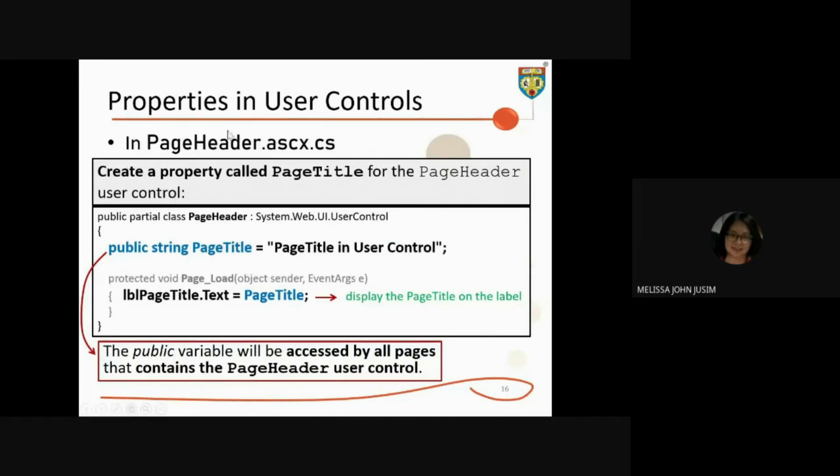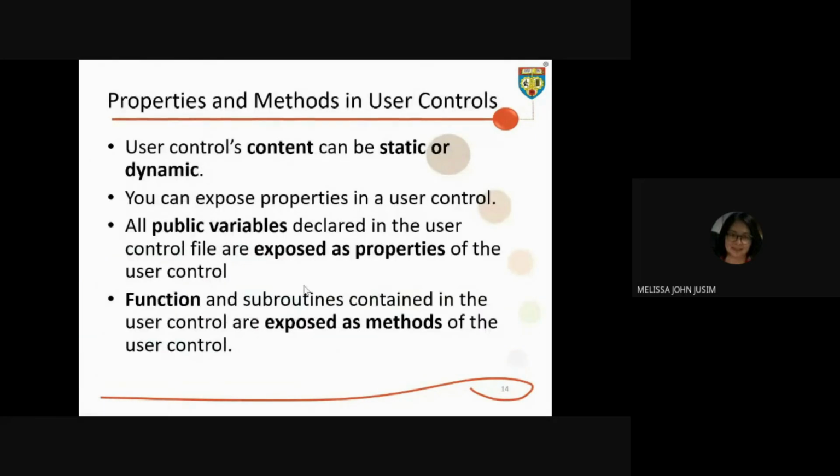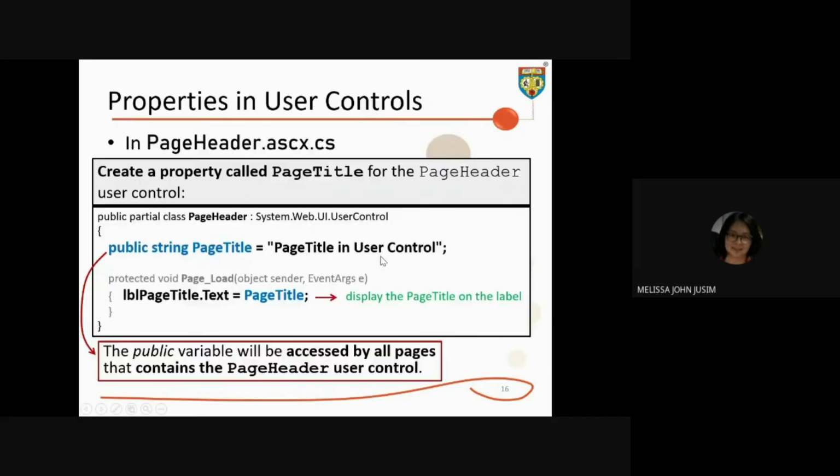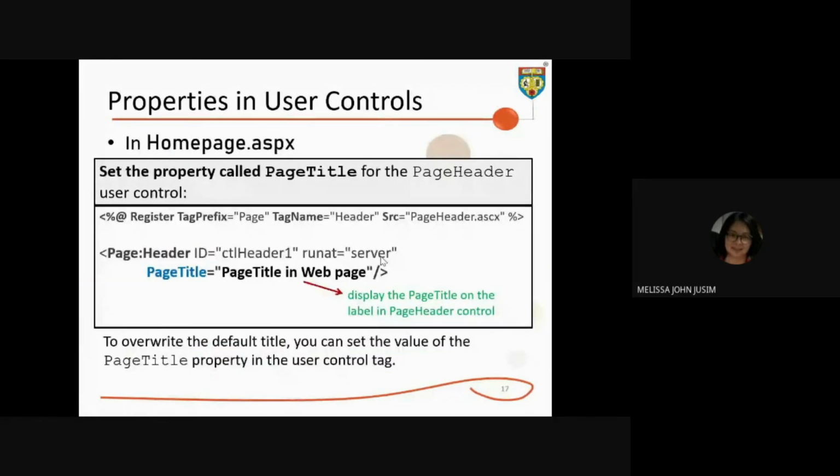Assuming that we have page header.ascx.cs, you declare a public variable called page title. All public variables declared in the user control file are exposed as properties of the user control. So let's go to this particular slide.